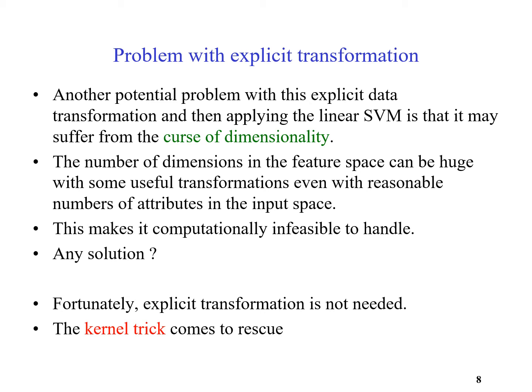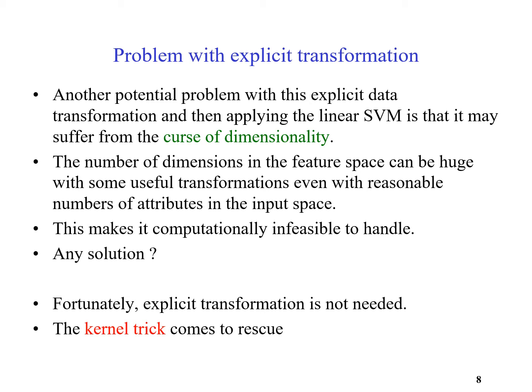Let me give you an example. Let's say we have one attribute, and the attribute has 10 different values. For simplicity, let's think about the complete data. With one attribute with 10 values, we need 10 data, right? I'm talking about the complete data.